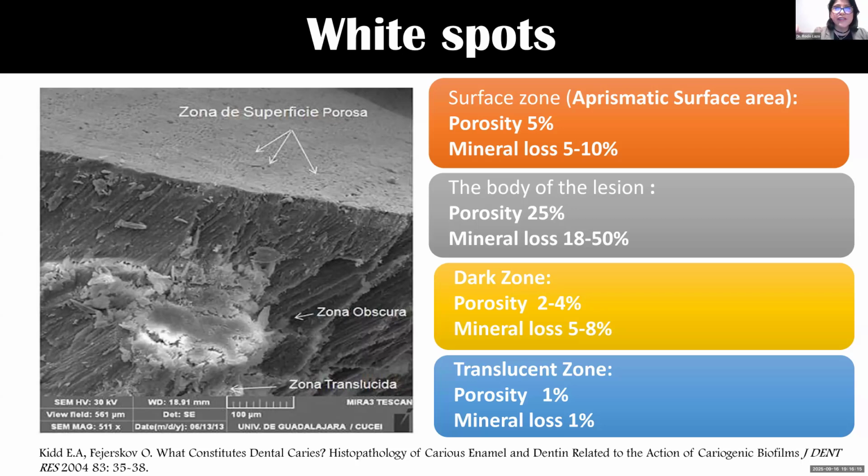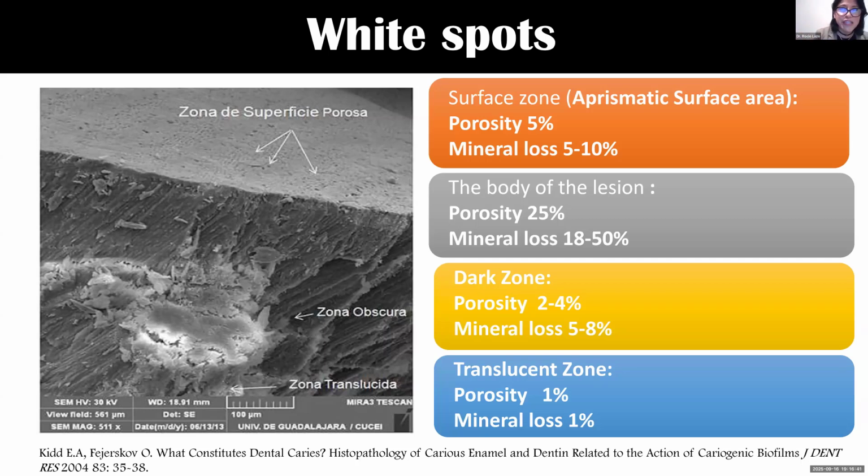The porosity in the surface zone is 5%, and the porosity in the body of the lesion is 25%. So it's important to give minerals not to the surface zone but to the body of the lesion. Find materials that give minerals to the body of the lesion. The surface zone is like a crystal.